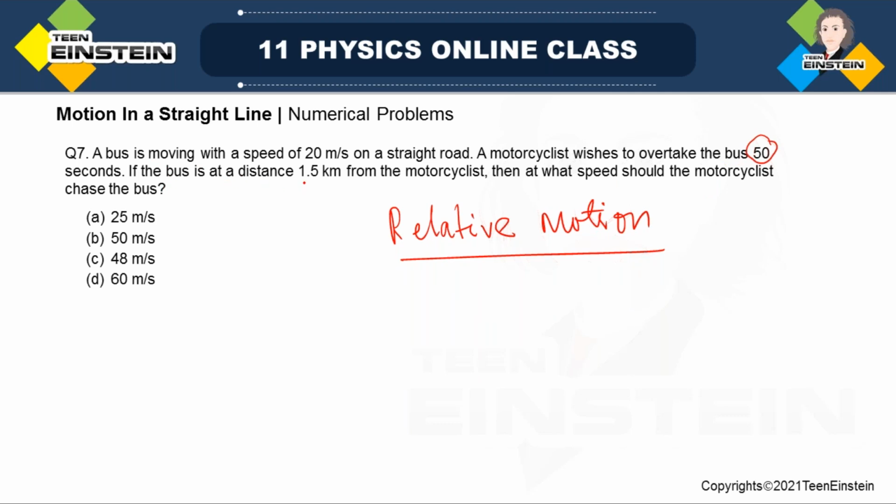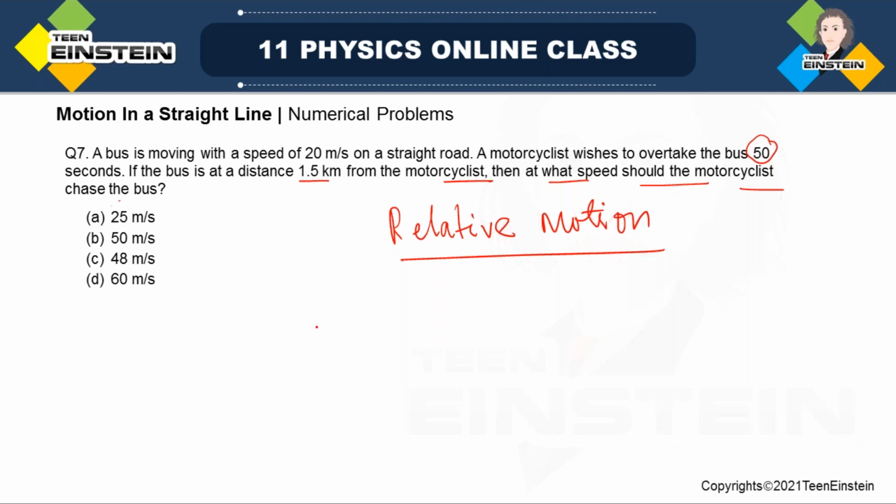The bus is 1.5 kilometers from the motorcyclist. Then at what speed should the motorcyclist chase the bus to overtake it?